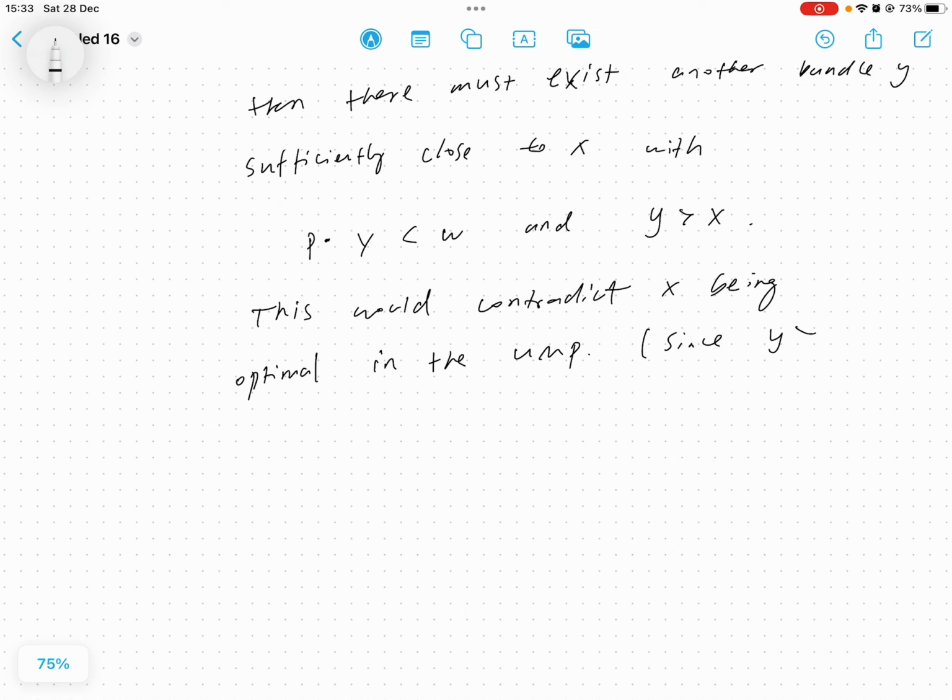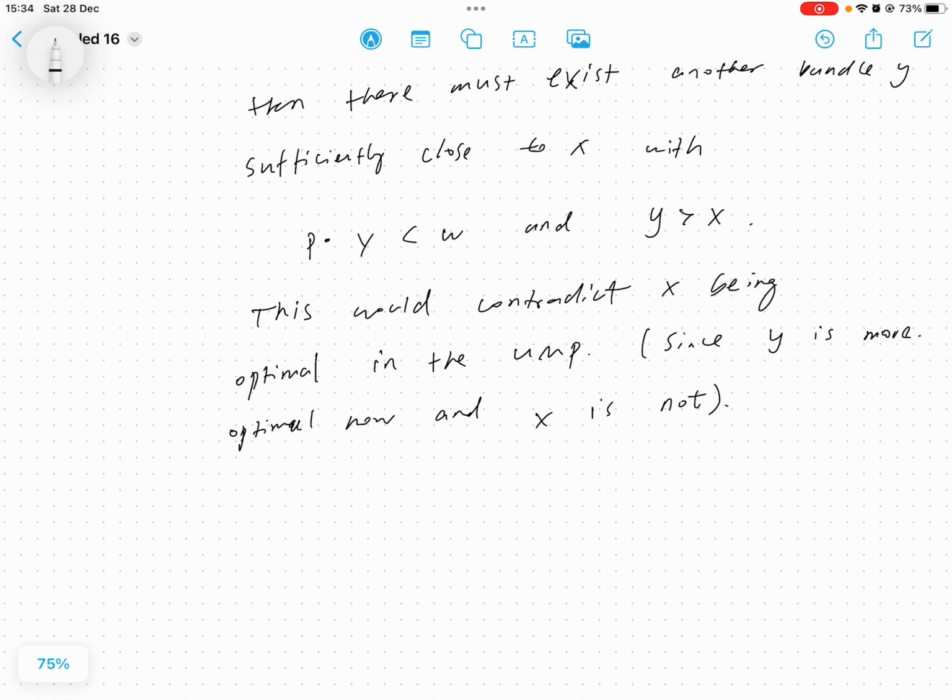Since y is better, x is not optimal. This is just a note in brackets. Maybe there is some other optimal bundle, but it doesn't matter.